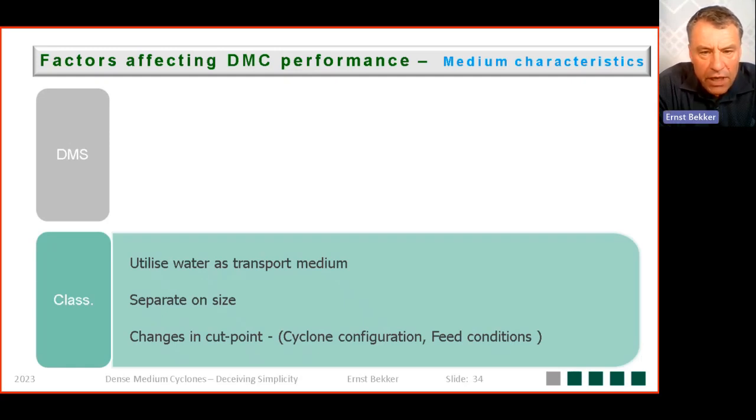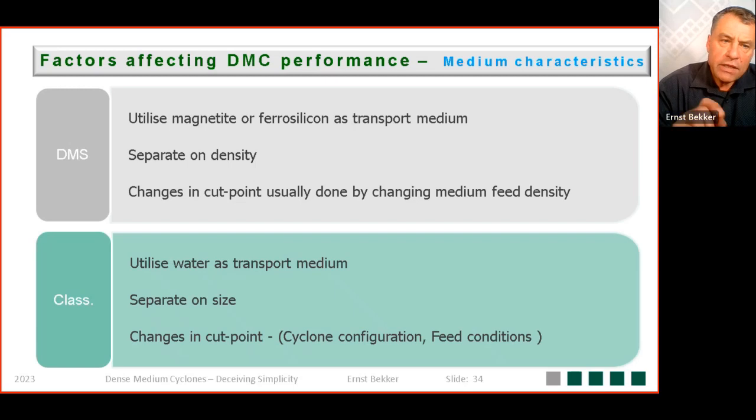It separates on size, and if you want to change the cut size on the hydrocyclone, you make certain modifications to the cyclone configuration and the feed conditions to the unit. The dense medium cyclone utilizes magnetite or ferrosilicon as a transport medium. It separates on density, and changes in the cut point or cut density are made by changing the medium feed density outside the dense medium cyclone.